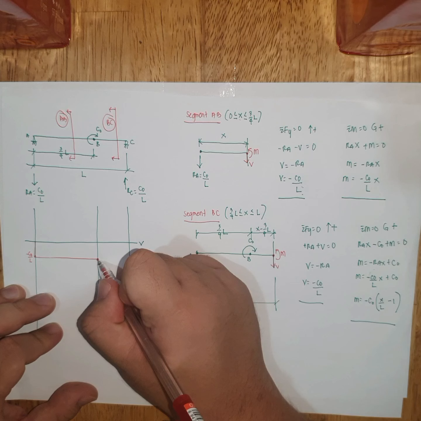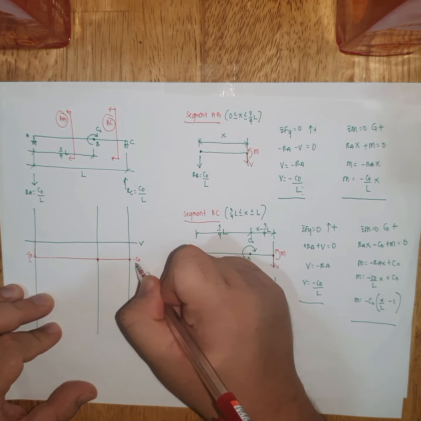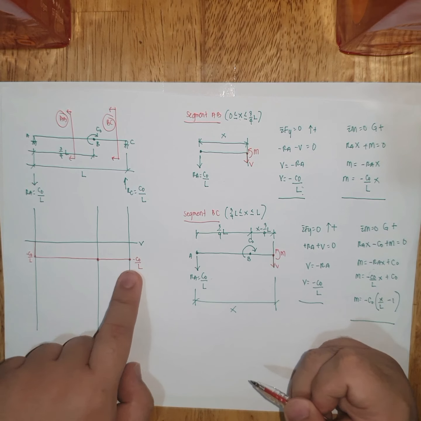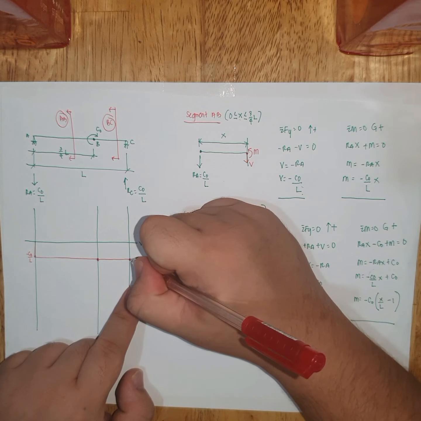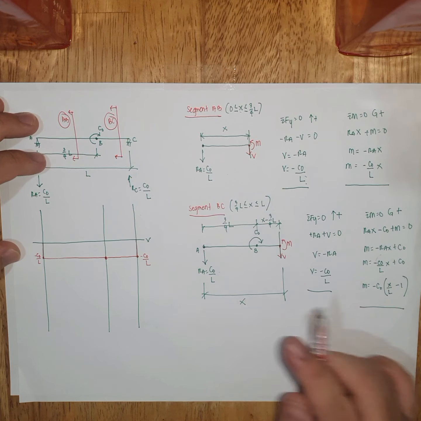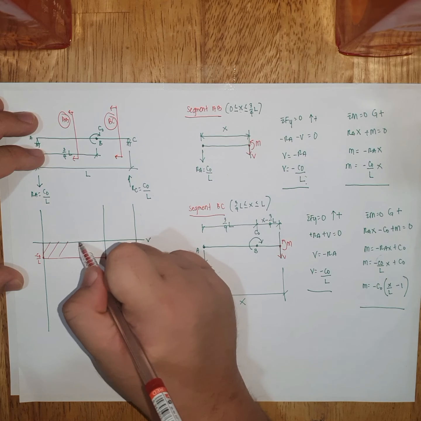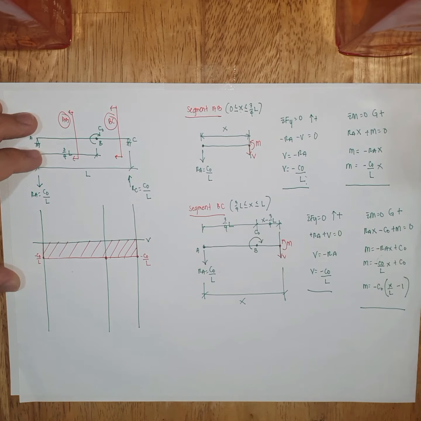So ibig sabihin ito, i-extend mo lang papunta dito. Then pagdating dito, sa support niya, meron tayong upward force na magko-close dun sa shearing force natin, shearing diagram natin. Okay, so ito na yung shear diagram natin.